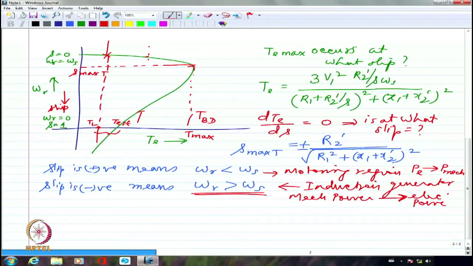So the machine will start accelerating. As it accelerates, please note that I am going to get more and more electromagnetic torque. Are you getting my point? This is the ordinate which represents the electromagnetic torque. So the electromagnetic torque available is more and more and more. So the machine will accelerate further and further. So this is the starting condition. It is accelerating, and the moment it reaches this value, it will accelerate further, and then the torque is decreasing.